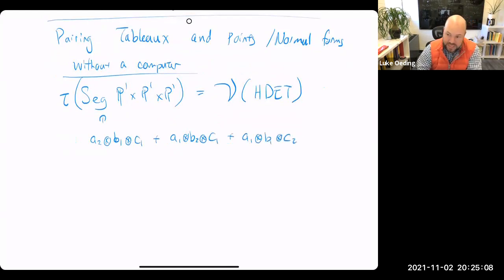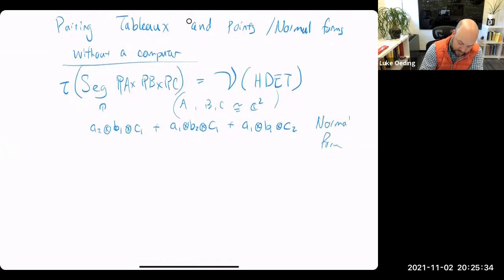A1 and A2 could be taken to be independent, B1, B2 independent, C1, C2 independent, inside of PA cross PB cross PC, where A, B, and C are all isomorphic to C^2. But this is a normal form. And this is also equal to, let's call this little x, G times X closure.